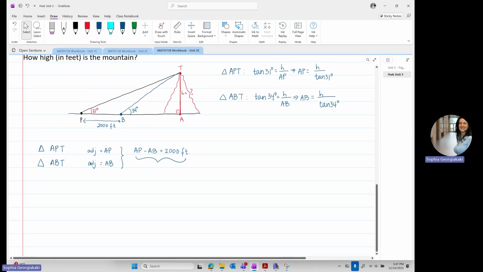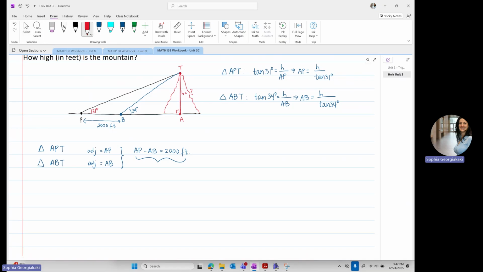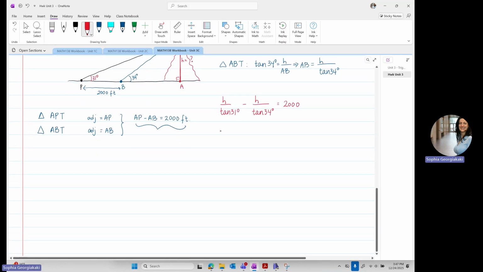And I have seen in previous problems that I could substitute this in to find my answer. So I'm going to use that equation to substitute the expressions. So I'm going to have AP, H over the tangent of 31, minus AB, H over the tangent of 34, equal to 2,000. And here I can factor the H out.